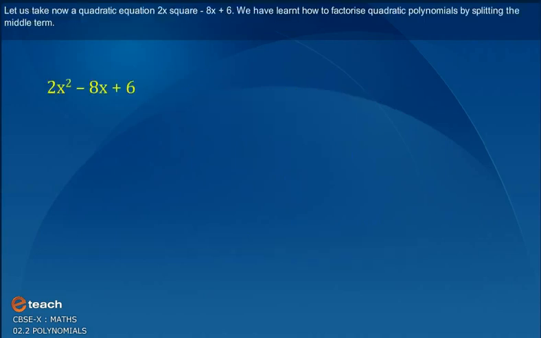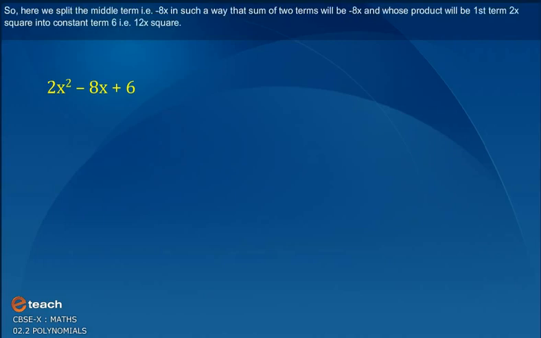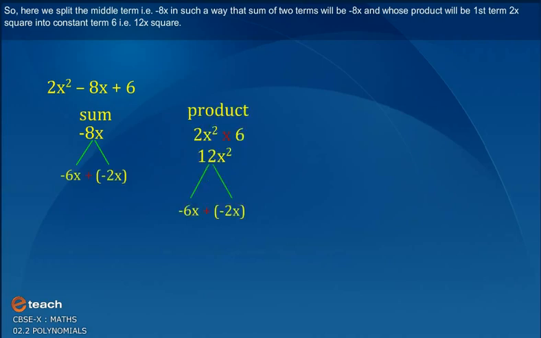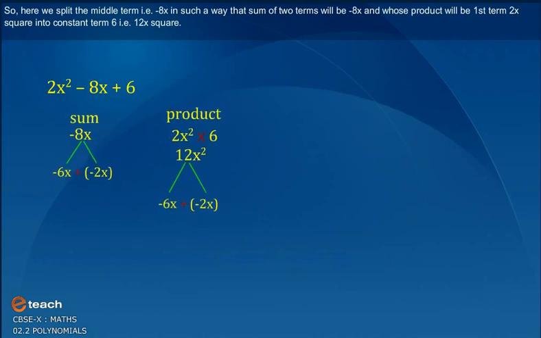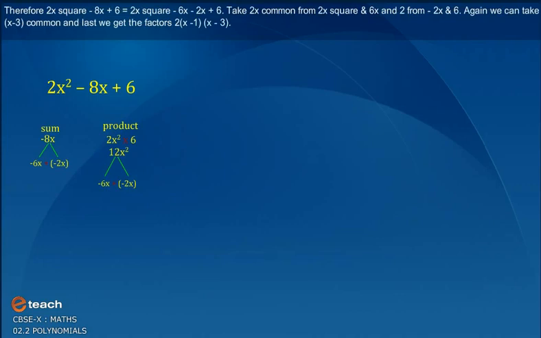Let's take now a quadratic polynomial 2x square minus 8x plus 6. We have learned how to factorize quadratic polynomials by splitting the middle term. So, here we split the middle term, that is minus 8x, in such a way that the sum of the two terms will be minus 8x and whose product will be first term 2x square into constant term 6, that is 12x square.